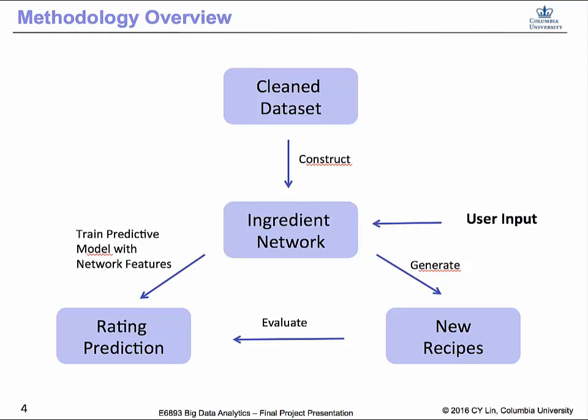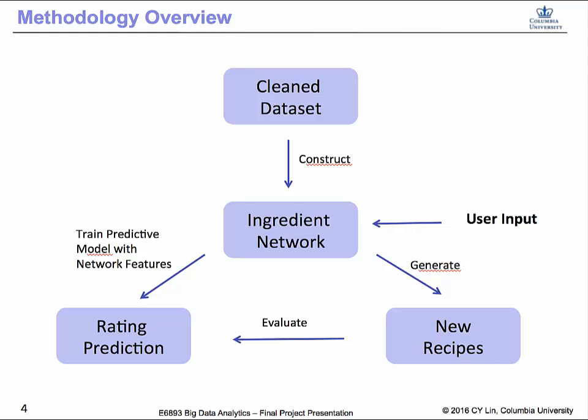After we obtained the clean data set, we constructed an ingredient network from the data, and we also extracted network features such as centralities and community information as our feature set for the rating prediction model that we trained using Spark.